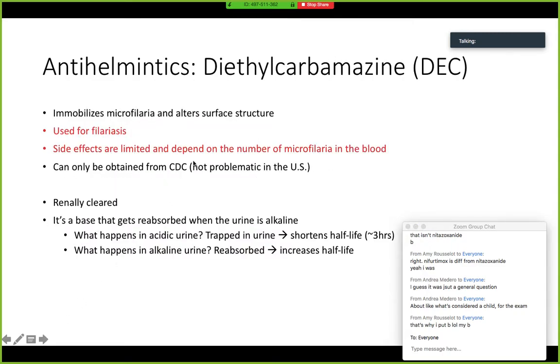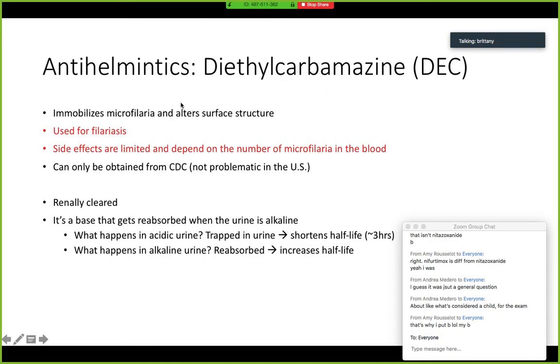Okay. I don't think she'll ask about this because this drug isn't really used in the U.S. Because this isn't a problem. And then also, you have a lot of adverse GI effects that you'll learn about second year.